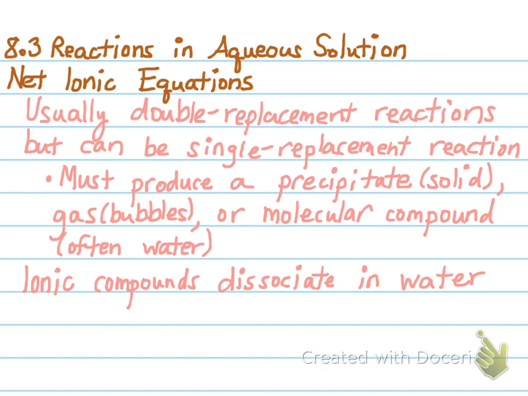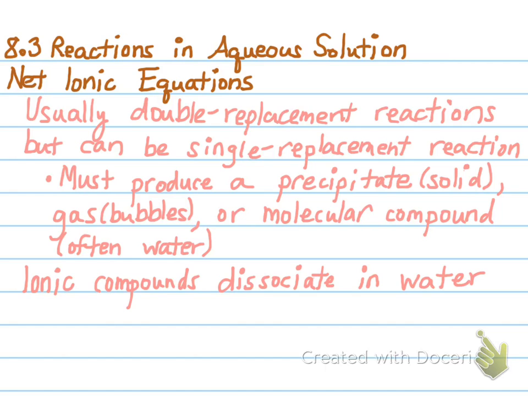So dissociate kind of means to break apart. Okay, so these ionic compounds, as soon as we dissolve them in water, as soon as we put sodium chloride, table salt, in water, it's not sodium ions bonded to chlorine ions anymore.